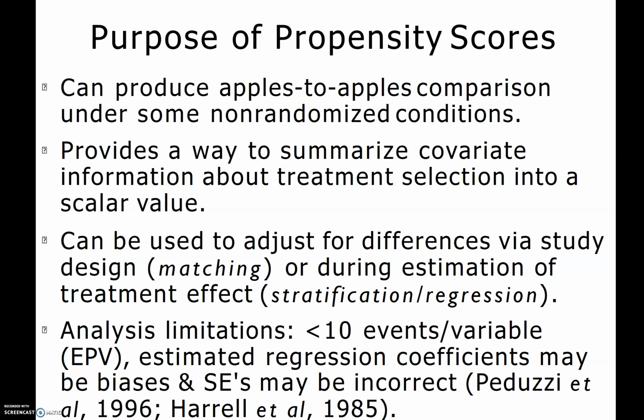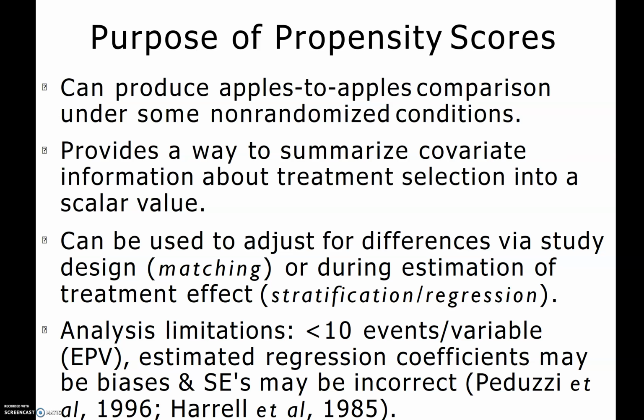Okay, so the purpose of the propensity scores. This is going to allow us to make fair comparisons, apples to apples, even when we're dealing with observational, non-randomized conditions. This is going to provide us a way to summarize the covariates about the treatment selection as a scalar value. And it's going to give us the ability to adjust for the differences via a study design difference.